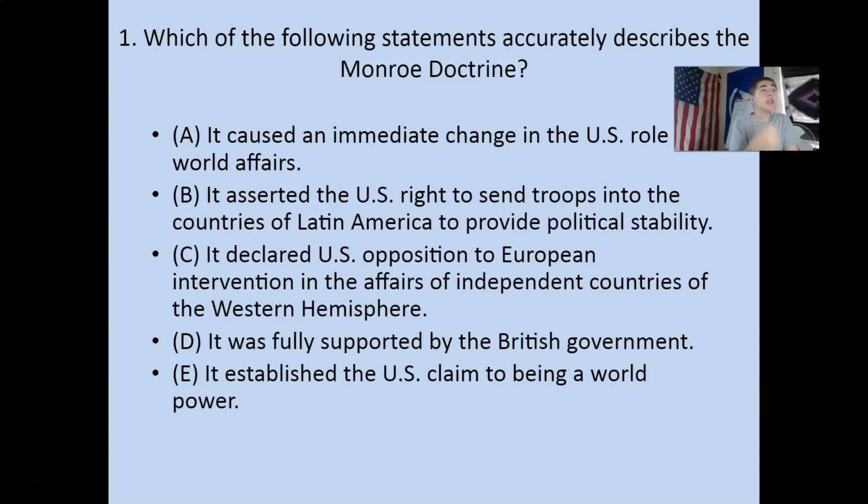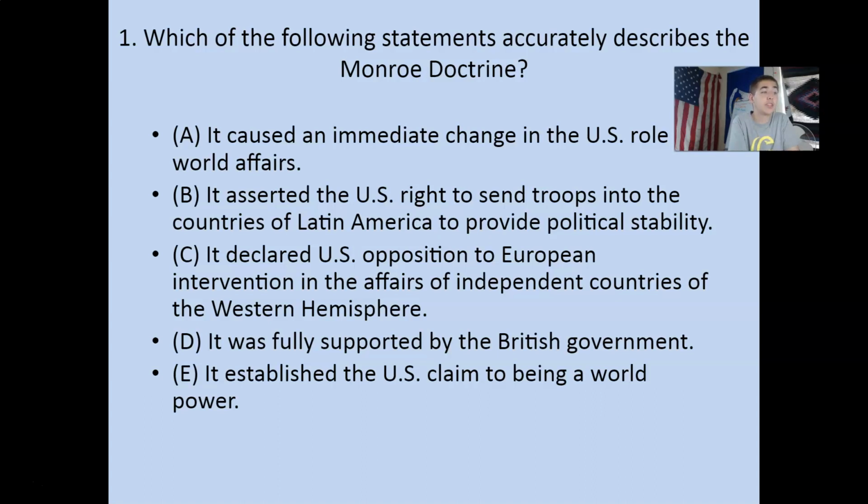Number 1. Which of the following statements accurately describes the Monroe Doctrine? A. It causes an immediate change in the U.S. role in world affairs. B. It asserted the U.S. right to send troops into the countries of Latin America to provide political stability. C. It declared U.S. opposition to European intervention in the affairs of independent countries of the Western Hemisphere.